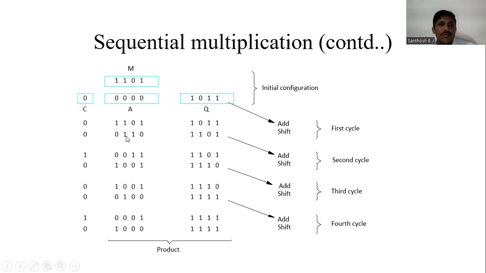Next, this 1 will shift right another position. Next, this 0 will shift right here. Next, this 1 will shift right. Next, this 1 comes here, this 1 comes here, this 0 comes here, this 1 comes here. So that is nothing but the first cycle completed.